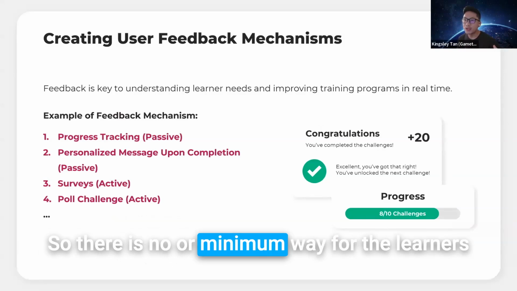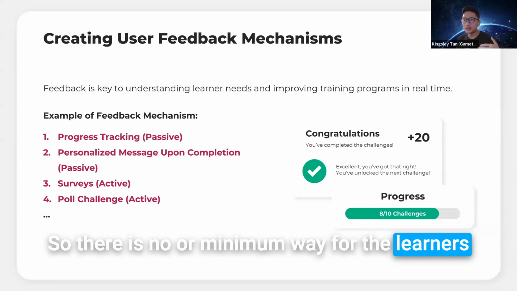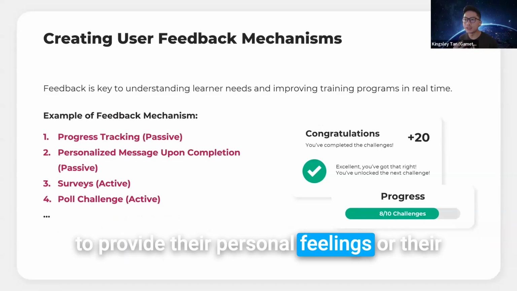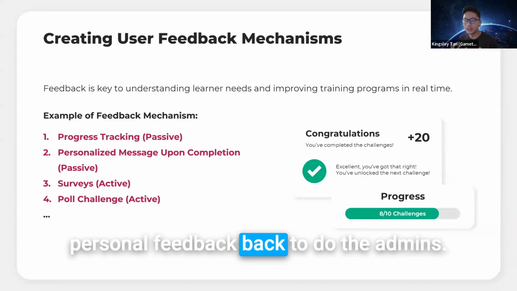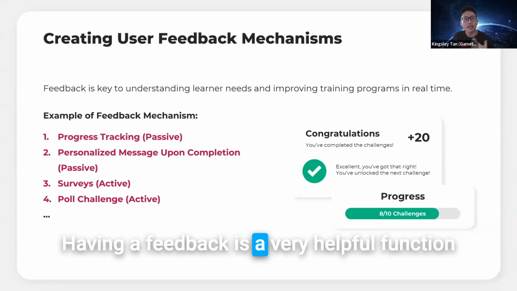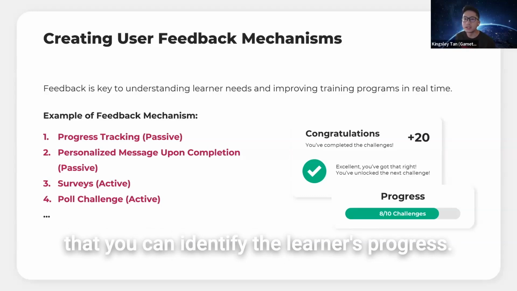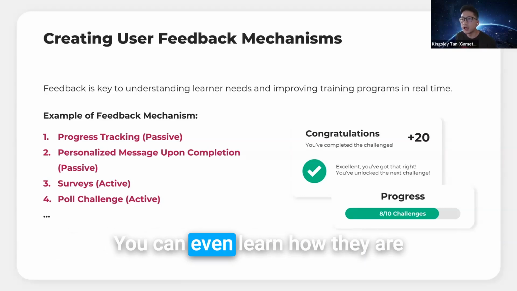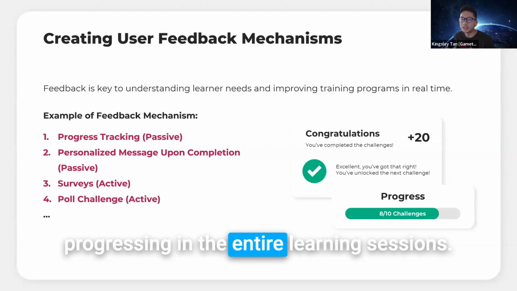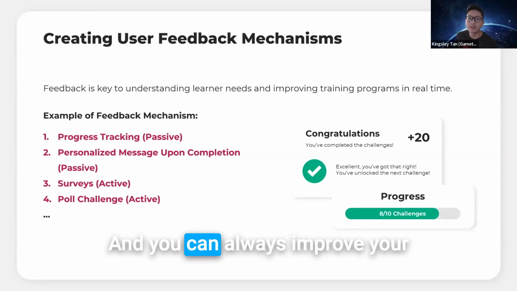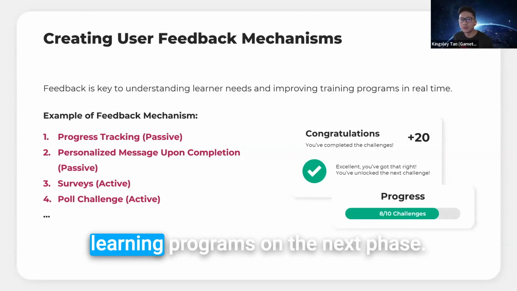So there is no, or minimal, way for the learners to provide their personal feelings or feedback back to the admins. Having feedback is a very helpful function, as you can identify the learners' progress. You can even learn how they are progressing in the entire learning session, and you can always improve your learning programs in the next phase.